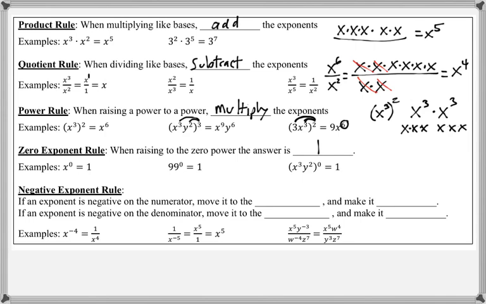The negative exponent rule, if an exponent is negative on the numerator, we're not supposed to have negative exponents. So to get rid of them, if it's on the numerator, you need to move it to the denominator and then make it positive.